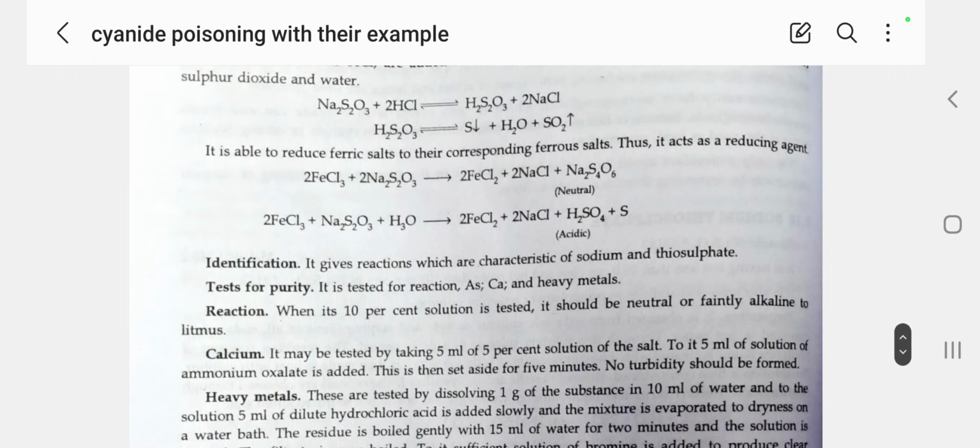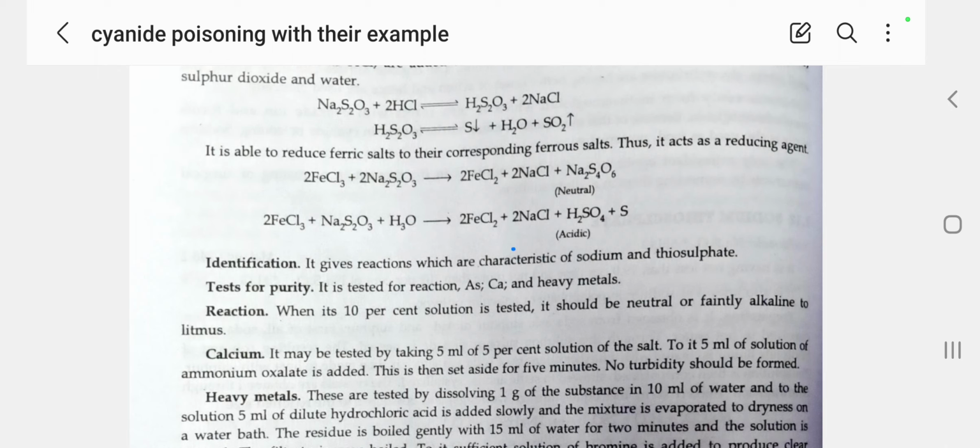It is able to reduce ferric salts to their corresponding ferrous salts. So it has one more capability: the capability to reduce the ferric to the ferrous form. When treated with the ferric salt FeCl3, on treatment with sodium thiosulphate it is converted to the ferrous salt.